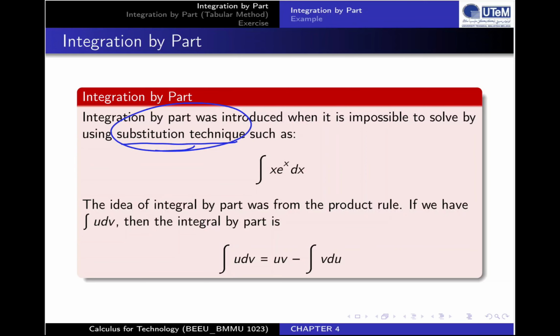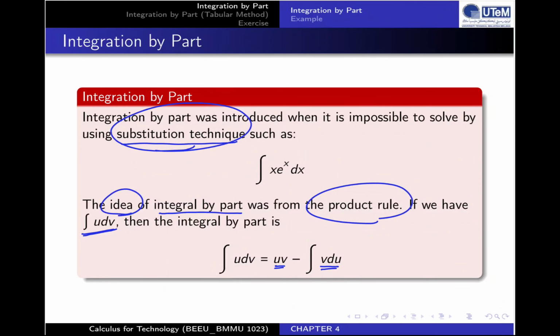Usually the idea of integration by parts comes from the product rule. If we have the integration of u with respect to dv, then the integration by parts is uv minus the integration of v du.